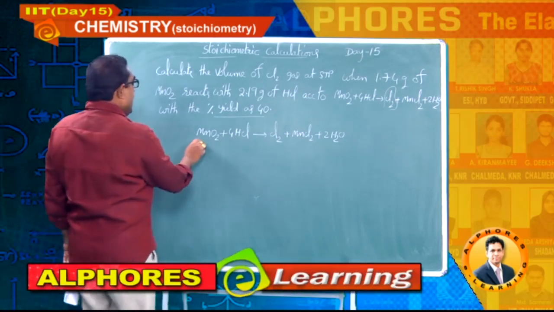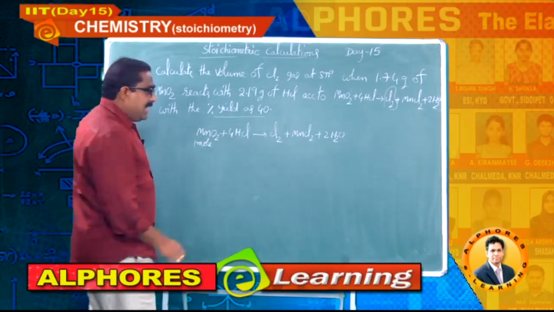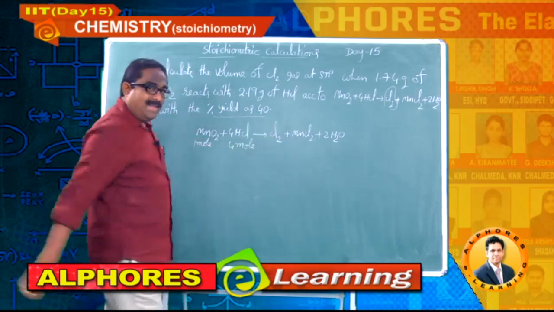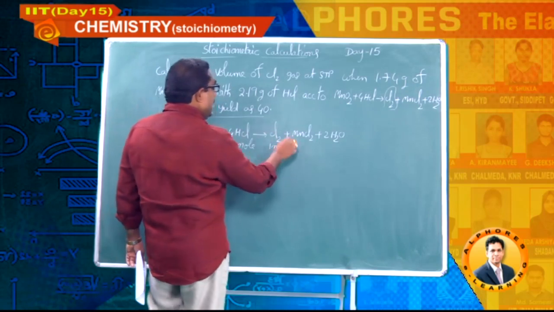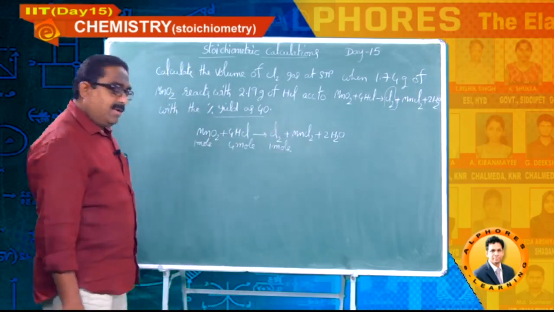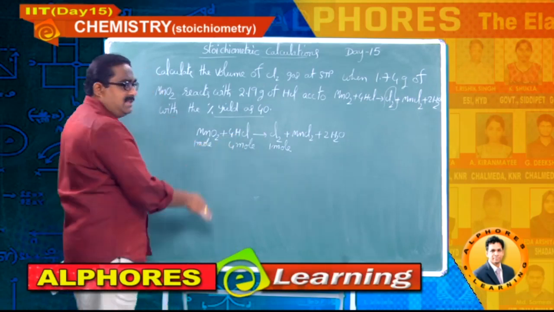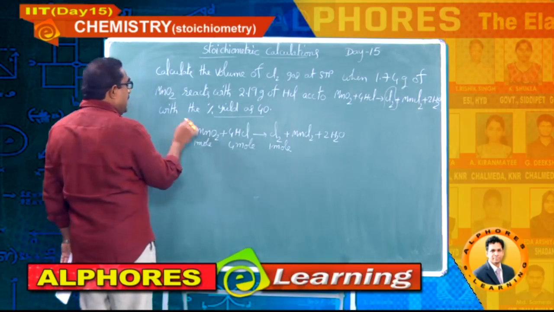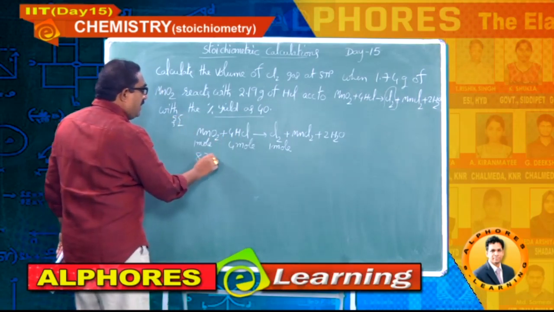From this we can write 1 mole of manganese dioxide combines with 4 moles of HCl and forms 1 mole of chlorine gas. Okay, let me convert this into masses, weights. Manganese dioxide molar mass: manganese 55, oxygen 32, so 87 grams.